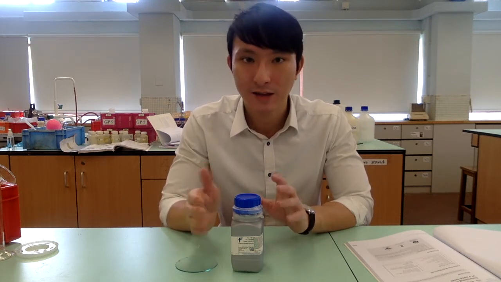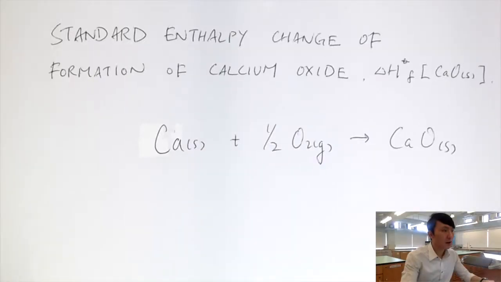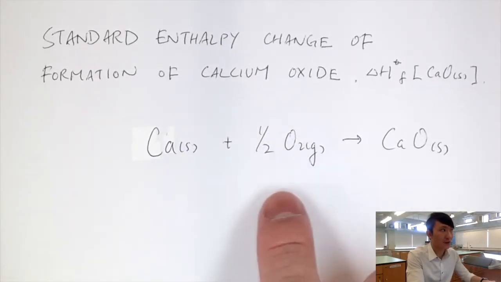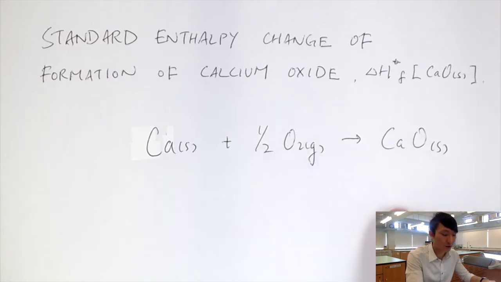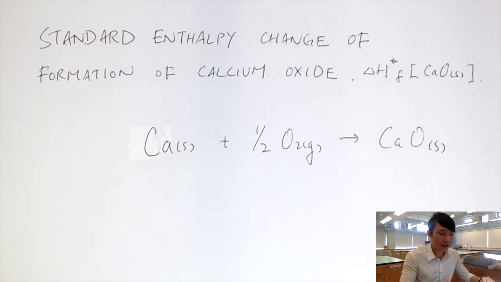Before I start the experiment, let's have a look at the theoretical background, especially how we can establish the energy cycle. First of all, we need to know the thermochemical equation for the standard enthalpy change of formation of calcium oxide. Now, we are trying to construct an energy cycle.